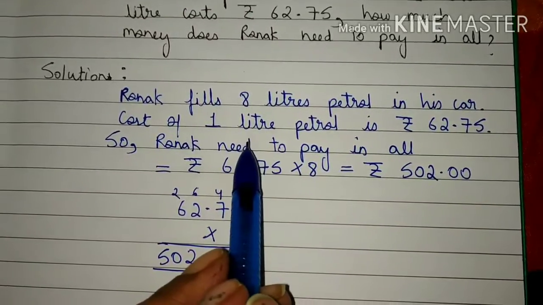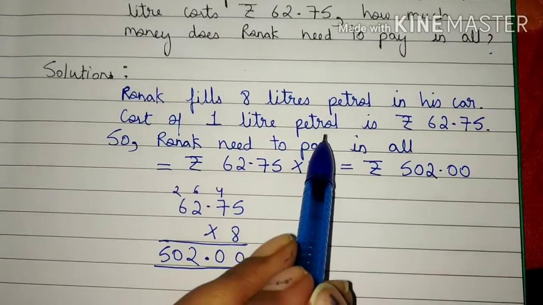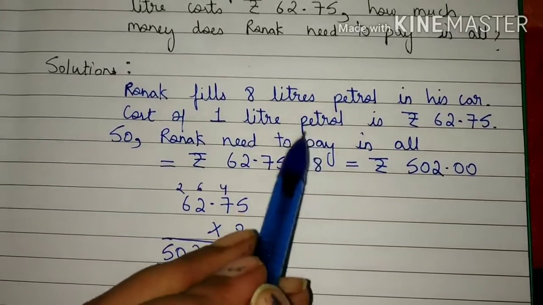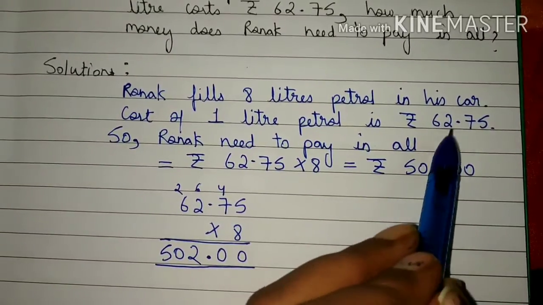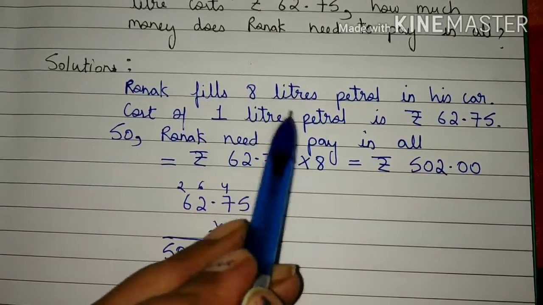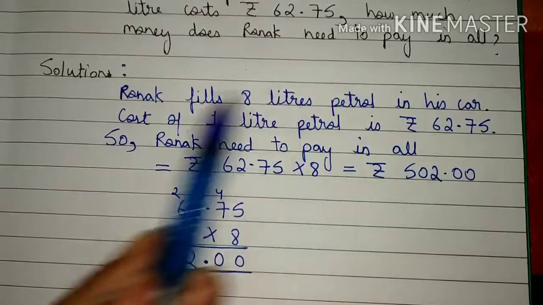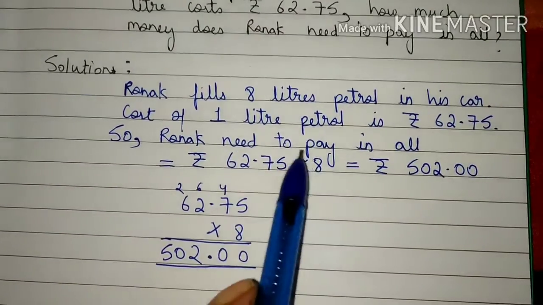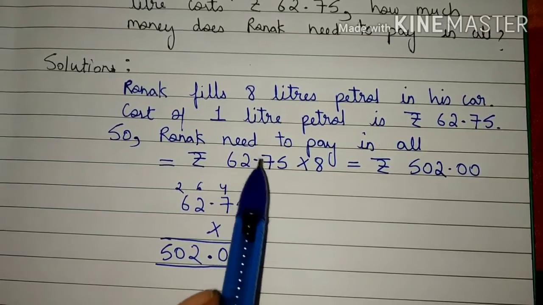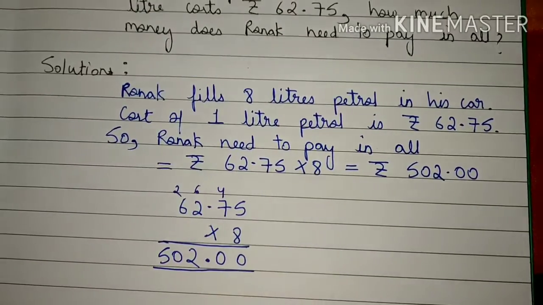So students, in this question we will do multiplication because the cost of 1 liter of petrol is rupees 62.75 and Ronak fills 8 liters of petrol in his car. So Ronak needs to pay in all rupees 62.75 into 8.